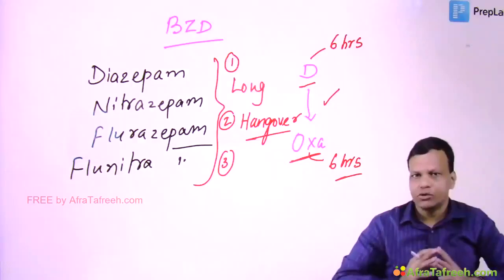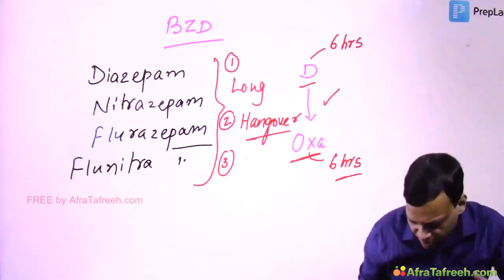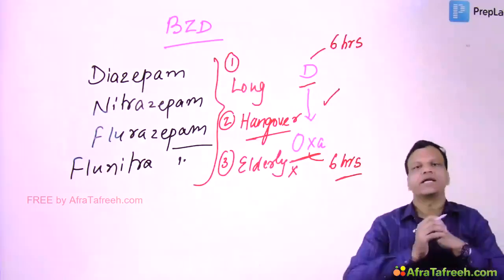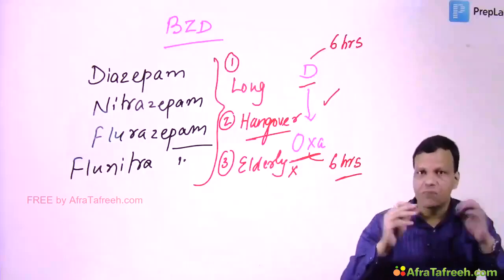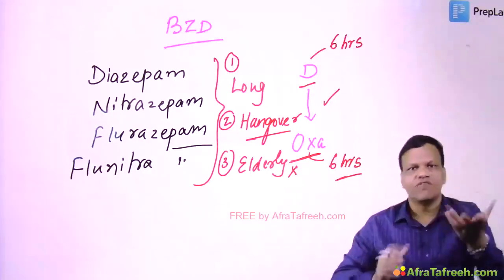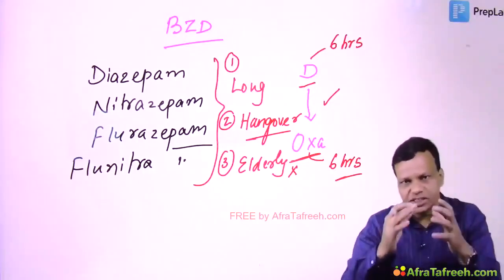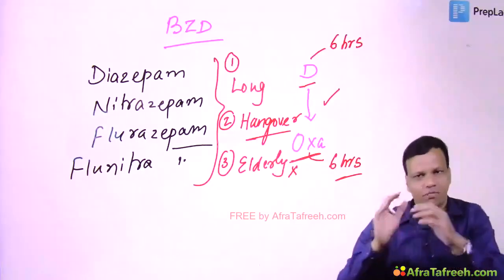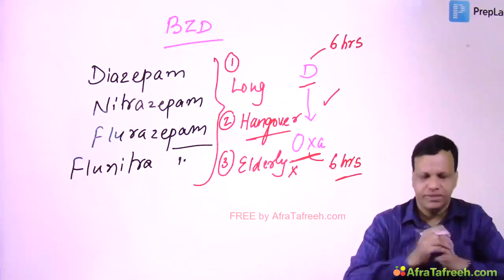So due to this reason, these are avoided in the elderly. But the major problem is, insomnia is mainly a problem of the elderly, and the very age group where we want to use these drugs, these are avoided. So benzodiazepines cannot be given in the elderly.